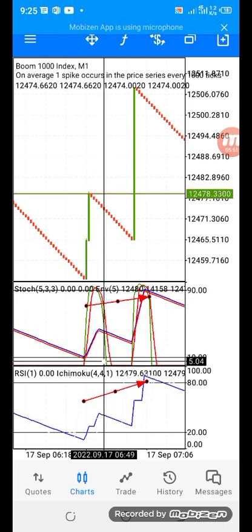Now at this point, as you can see, our indicator line is far below 80 overbought region, which simply means the signal is invalid.